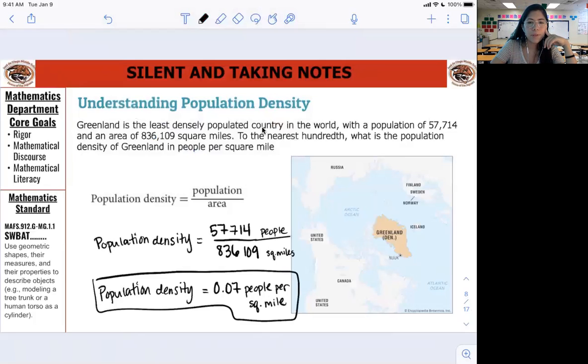How many people per square mile? 57. Okay, lock your answer in. Perla's guess is 57. Whoever gets the closest, I'll bring you candy the next time I come to school.